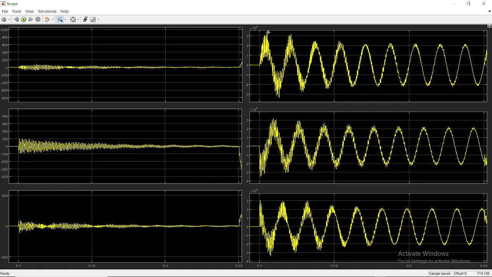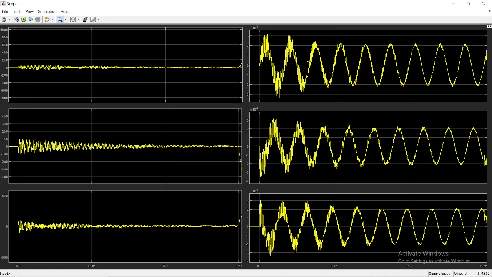Whatever ups and downs you are seeing are not actually irregular, it is due to incident and reflected waves. Along with the AC wave, you are getting some voltage superimposed on this basic AC wave.